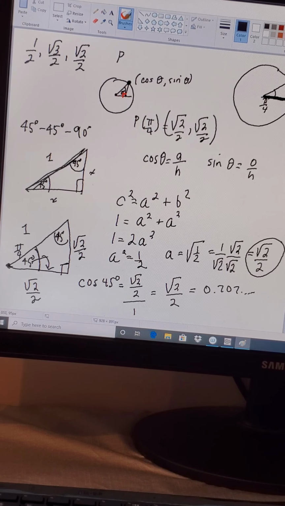So in order for you to get here, how would I arrive here? I just realized that if my hypotenuse is 1, I just solved for these lengths. In order for me to get to this point, I have to travel root 2 over 2 units to the right and root 2 over 2 units to the left.